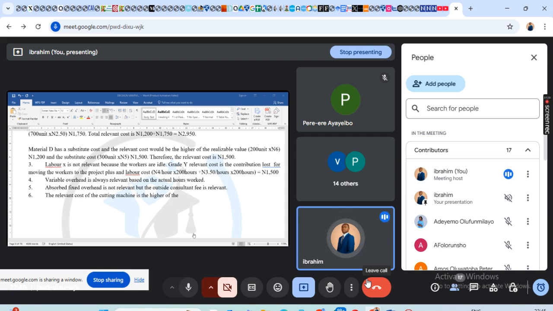One option may be a cash inflow, one option may be a cash outflow. Outflow means cost, inflow means income. Then you will look at it. Which one will you choose? Of course, if the income is higher, you choose the income rather than the cost. Please, you need to be very careful with that.